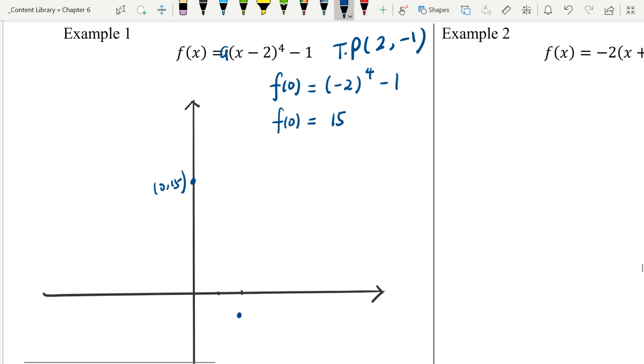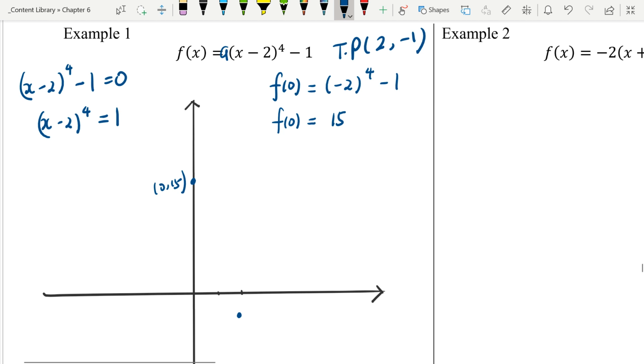All right. Now I'm going to solve for the x-intercept. I have done the y-intercept. So I make the whole equation equal to 0. So I have (x minus 2) to the power 4 equals to 1. Okay, this is an even power. When you take an even root, you need to have the plus minus.